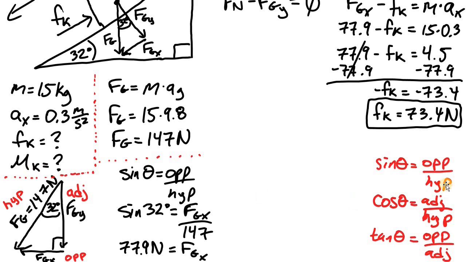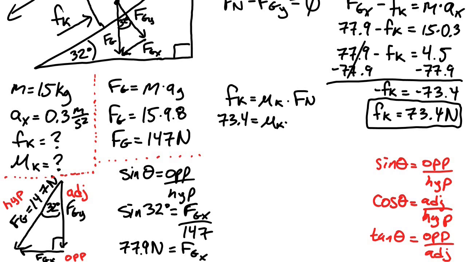The thing is that we know that Fk is equal to mu k times Fn. Once we get this, we'll be done with the problem. So we have our Fk, which is 73.4, equal to our mu k times Fn.